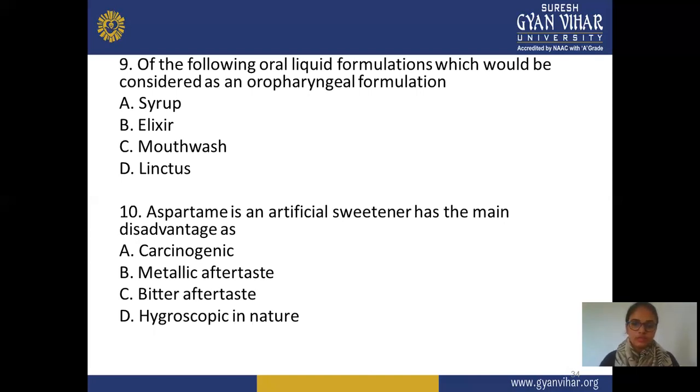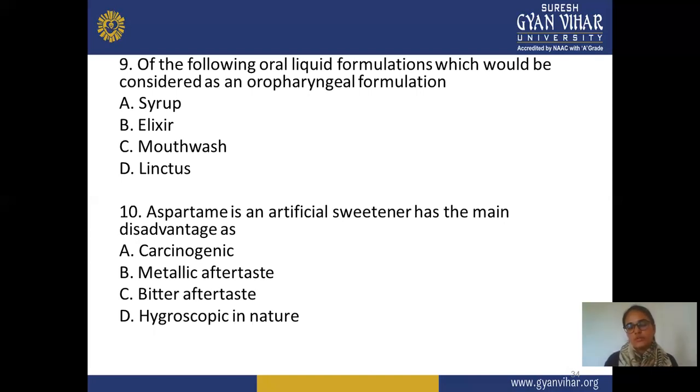Next, the last, tenth question: aspartame is an artificial sweetener. What is its main disadvantage? You should know about artificial sweeteners like aspartame, because we already discussed it as an example used in a particular formulation. After knowing this, aspartame has some serious side effects.